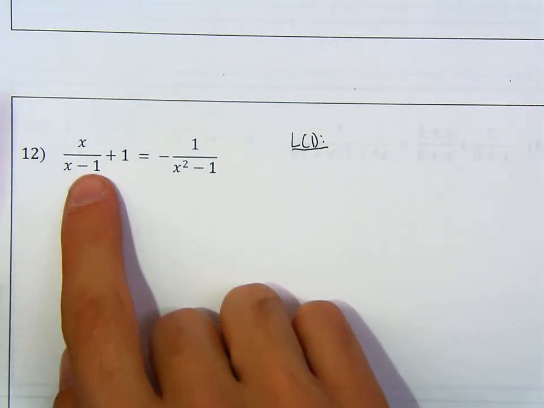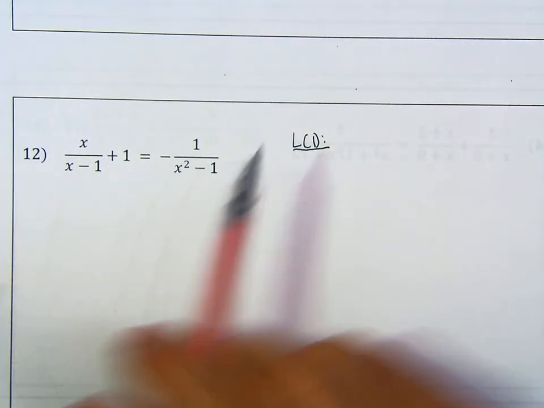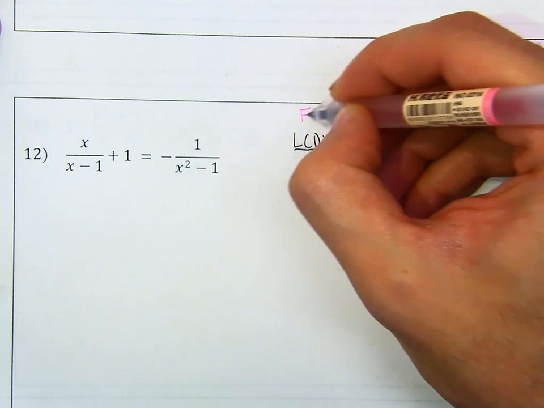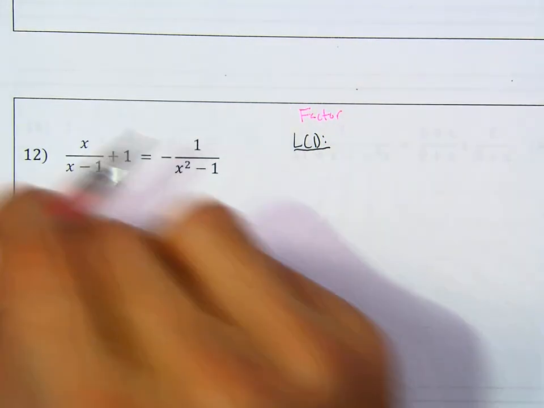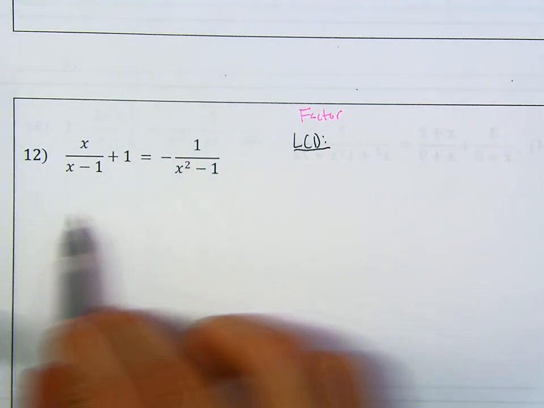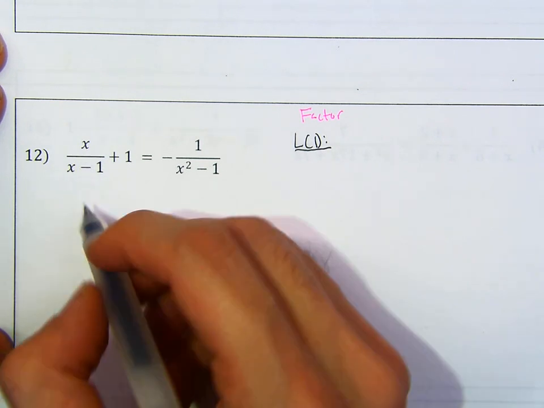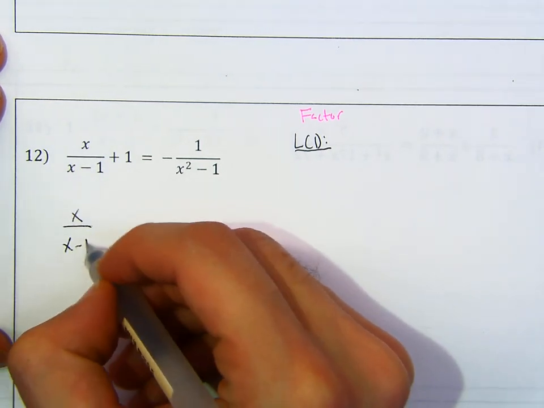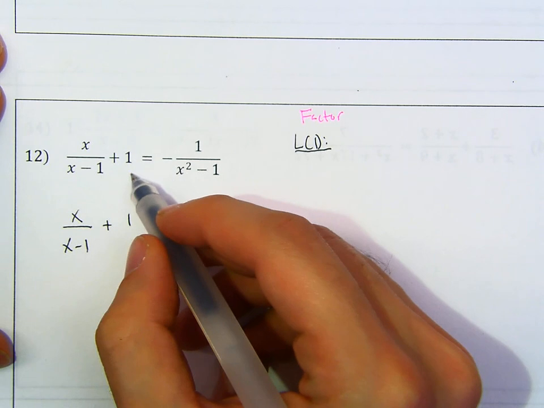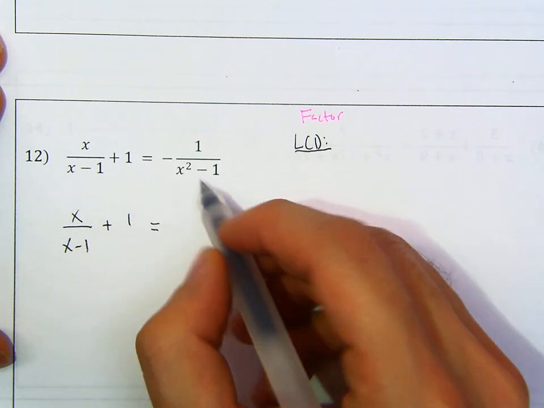The idea is, if you have something like this where the denominators are different, you first have to factor, right? You want to factor these so you know what's in all the denominators. So notice that this does not factor, okay? This doesn't have a denominator. But then how does this factor?